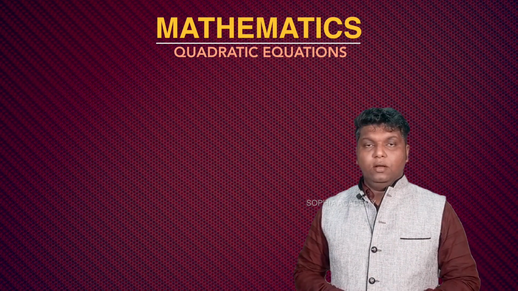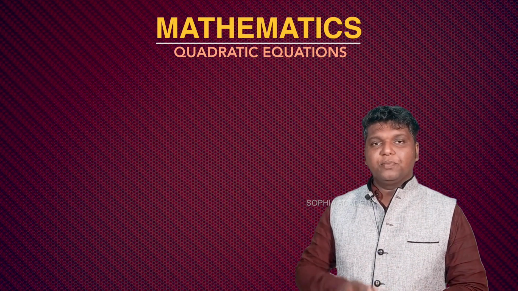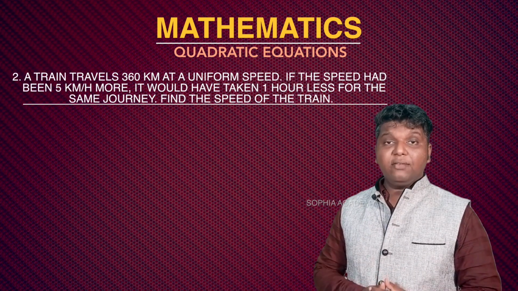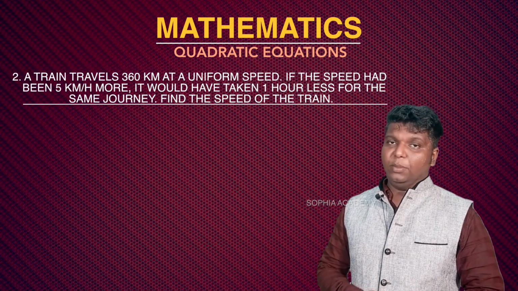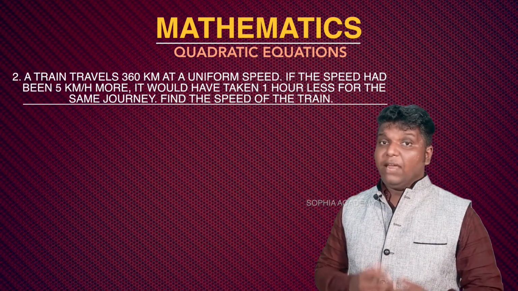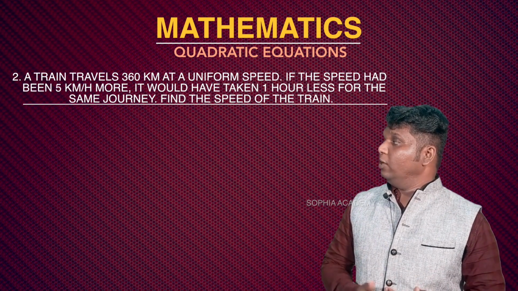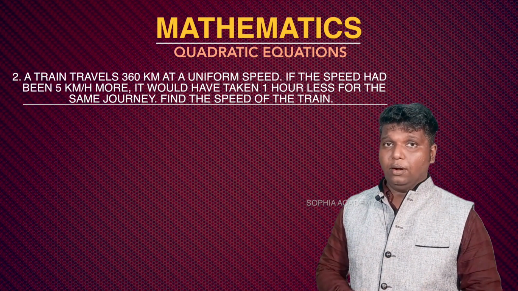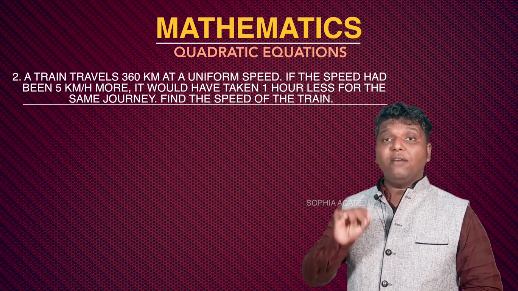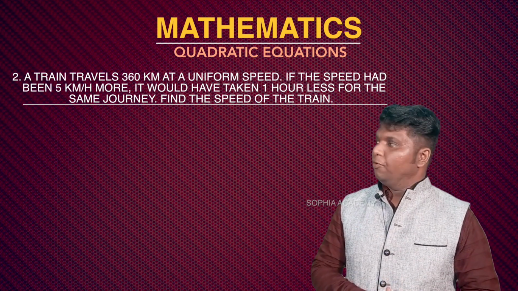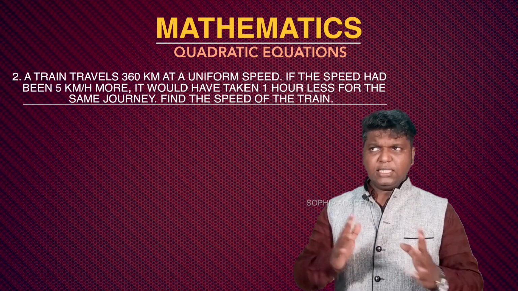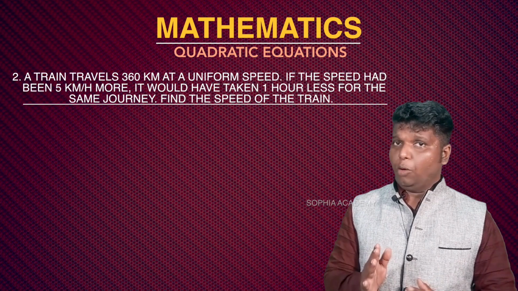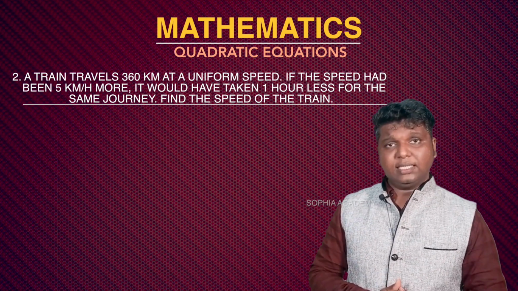Hope you understood. Okay, let us do one word problem also. Here goes the question before you. A train travels 360 km at a uniform speed. If the speed had been 5 km per hour more, it would have taken 1 hour less for the same journey. Find the speed of the train. Just imagine a train is traveling 360 kilometers.